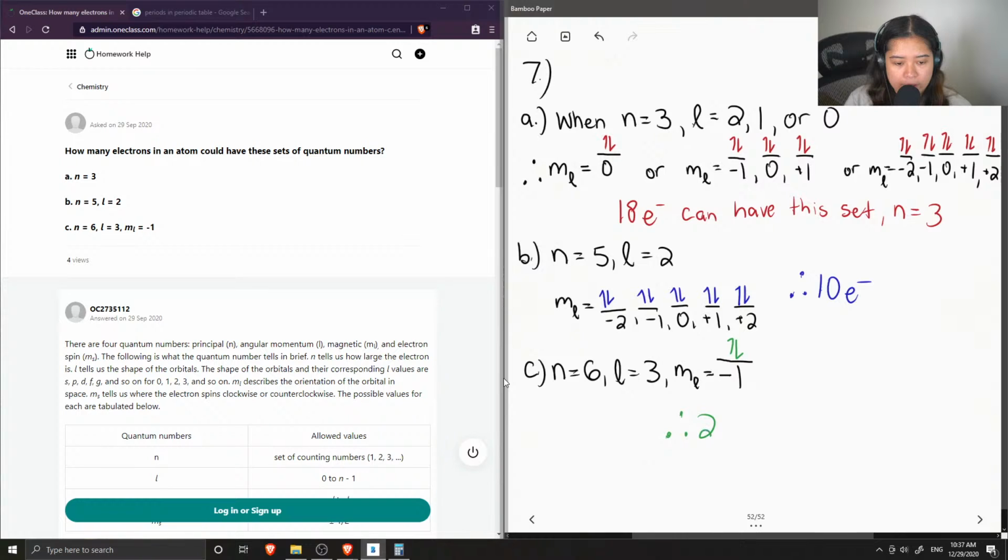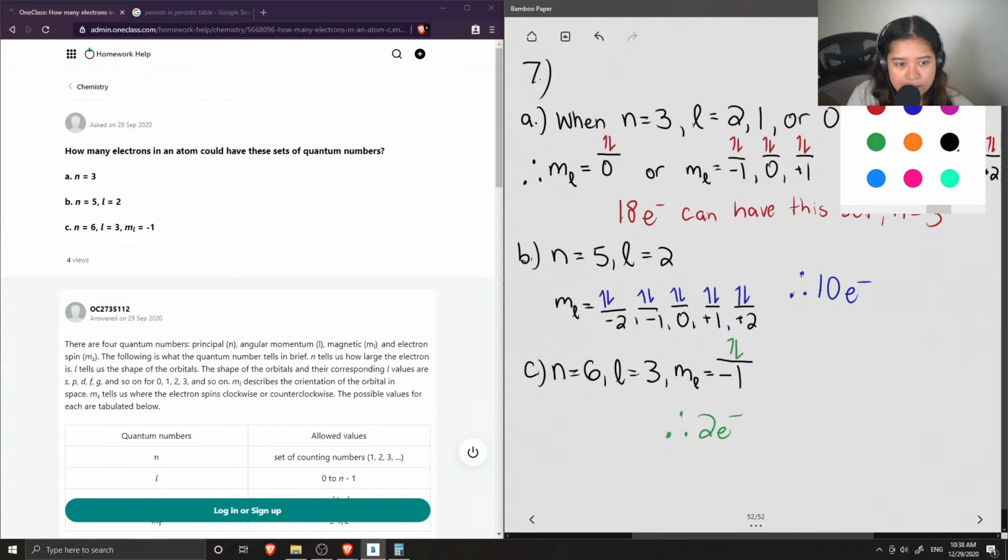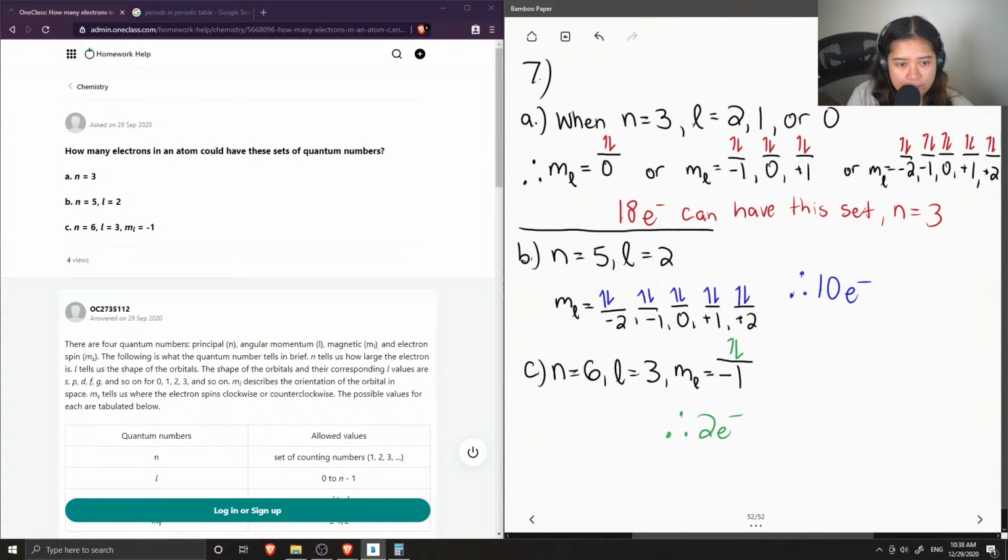So therefore, only 2 electrons can have this set of quantum numbers, since it really specifies what the ML value is. Okay, so these are all of our answers. And now we can see what the junior tutor said.